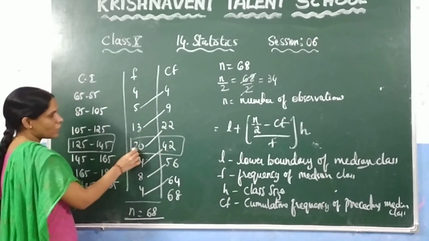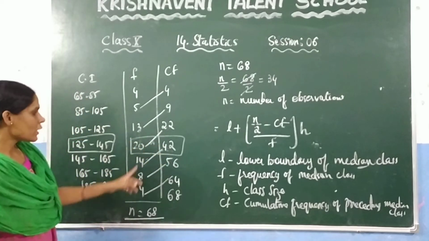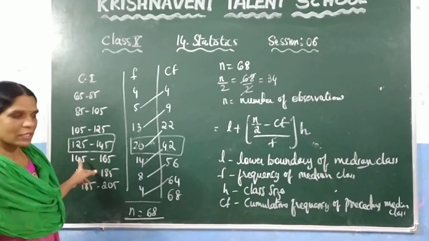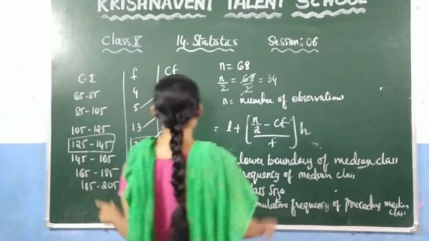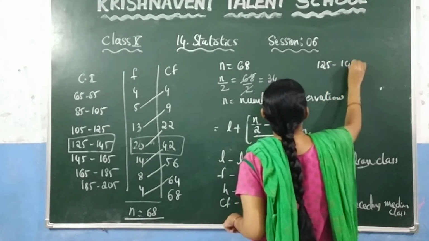Clearly you can observe that this 34 lies in between these two values. So here the corresponding class interval will be the median class. So in this case what is the median class here? The median class is 125 to 145.